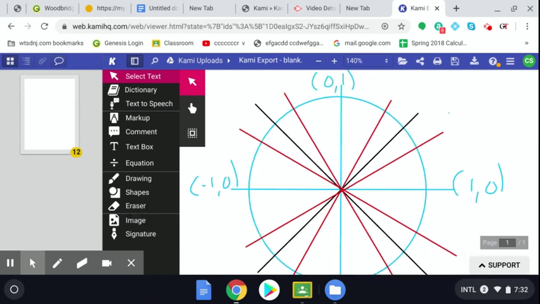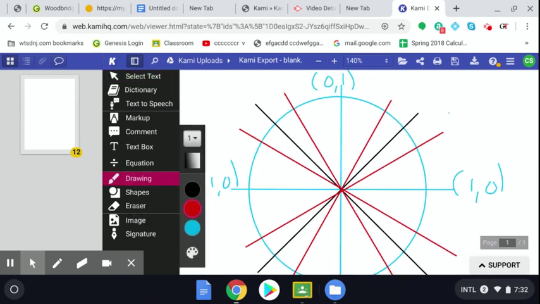This over here is 30, or pi over 6. So sine 30 is 1/2. Sine is always the second number, which means that cosine 30 is going to be radical 3/2. And flip them for the 60-degree angle. So cosine 60 is 1/2, and sine 60 is radical 3/2. Okay?